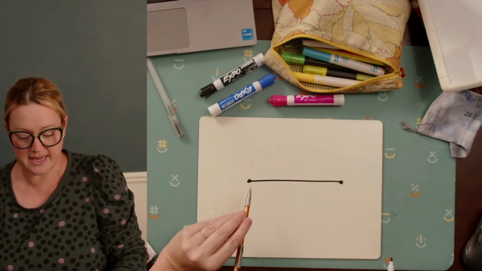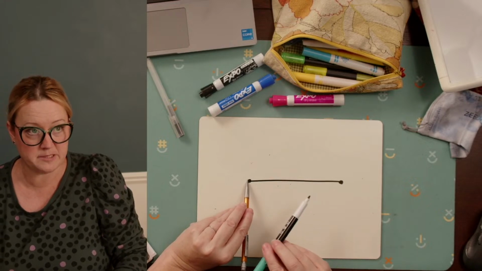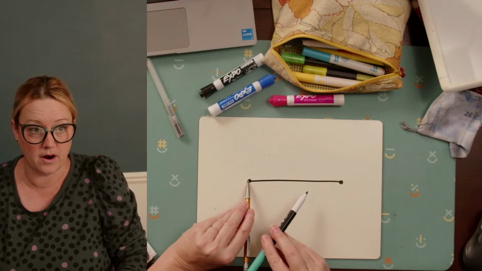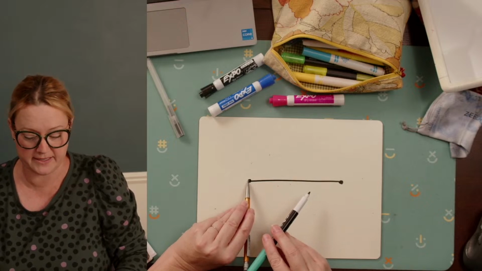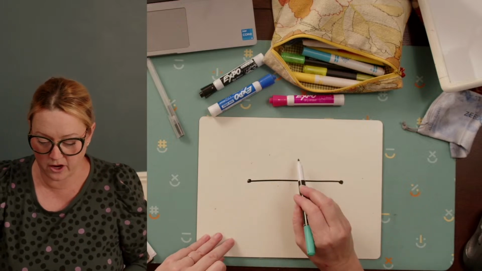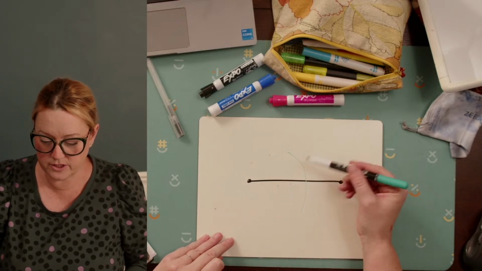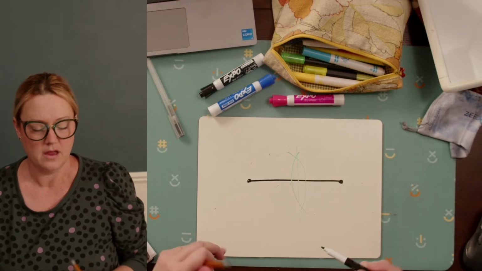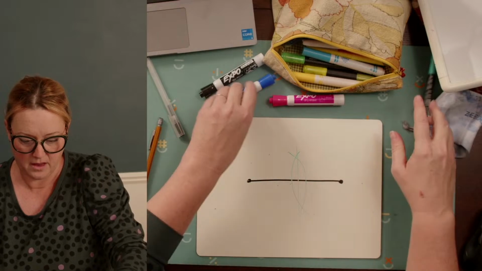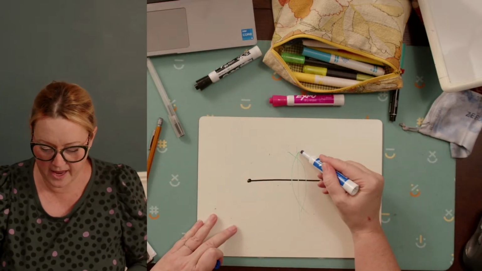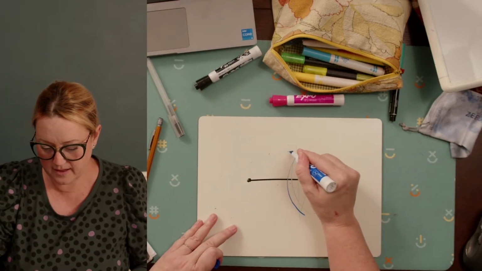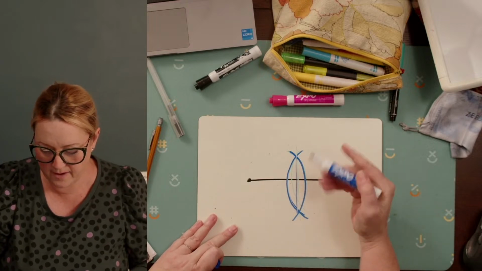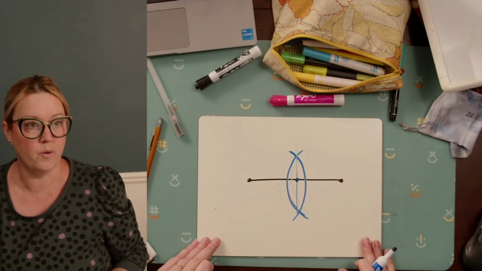You would set your compass pin on one end of the segment. You learned the perpendicular bisector, right? So you would do a curve like there, and another curve the same distance there, and then you cut that in half. That's really hard to see, I'm sorry. It would look like that, and like that, and then you would draw that in half, so there's your midpoint, right?